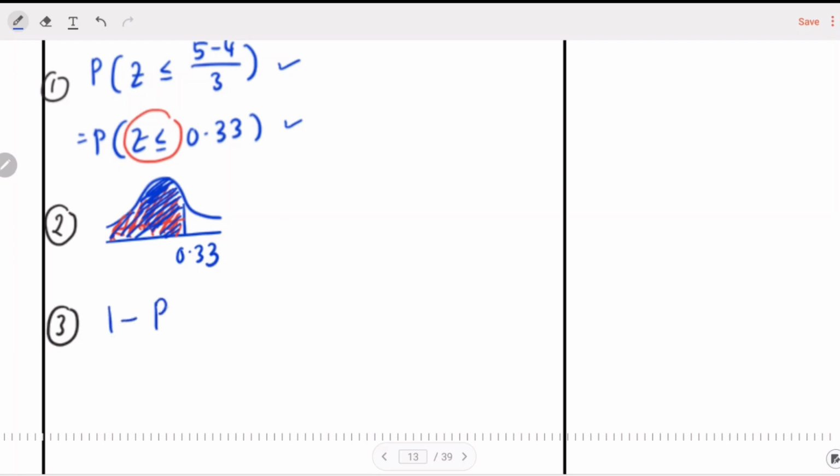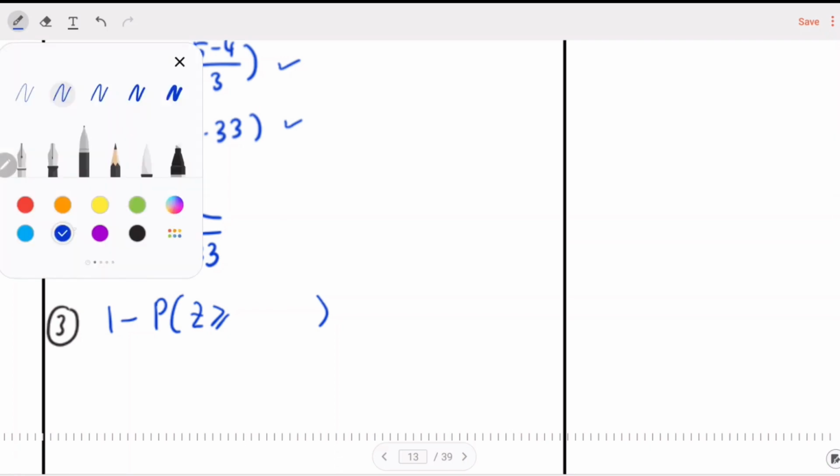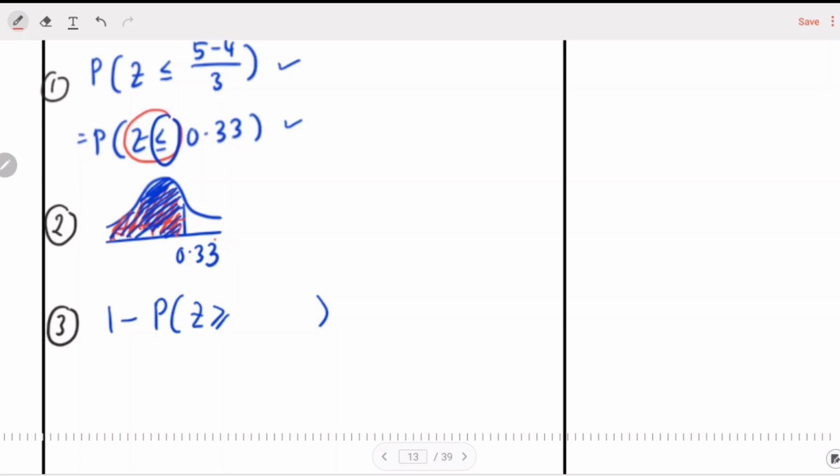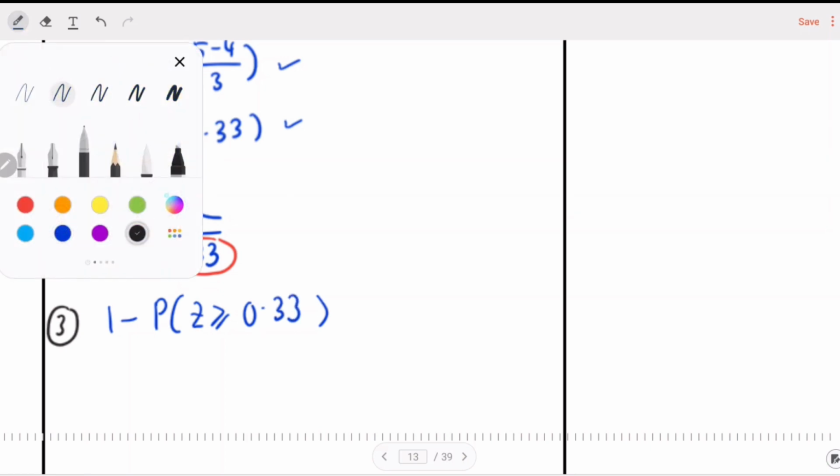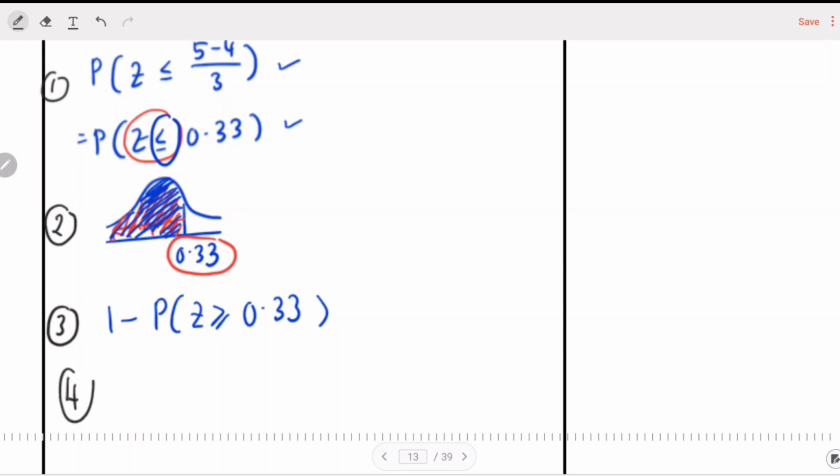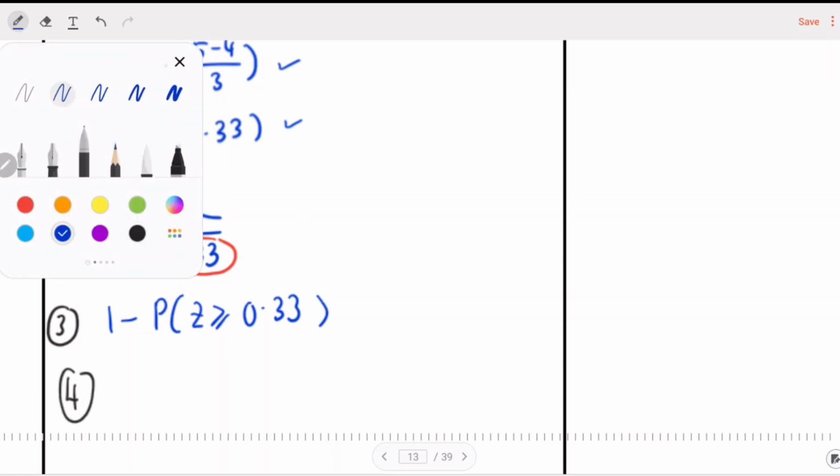And then probability z greater than, since we have less than or equal here, I put equal here to make it balance, right? And then just take the value up here, which is 0.33, and then go to the last step, which is to take a look at the standard normal table.